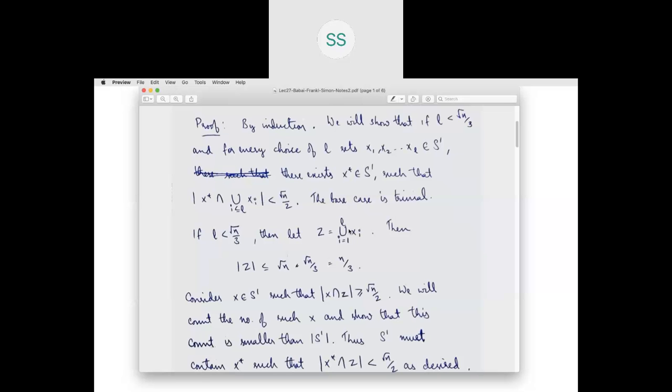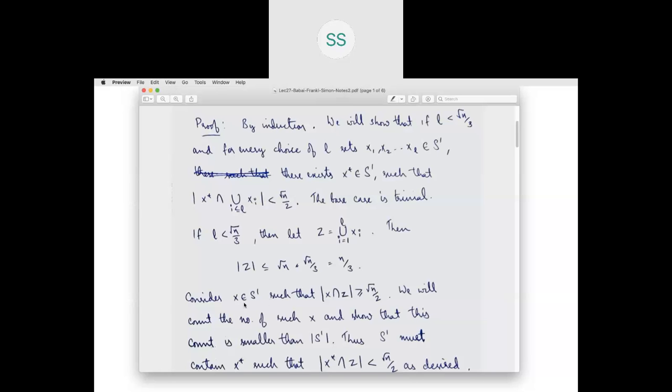So l is strictly less than square root n by 3, and each one of these sets contains exactly square root n elements. So the total number of elements is at most square root n times square root n by 3, right? This is the worst case, which is n by 3 elements. Now, consider the x's that are there in S prime, right?